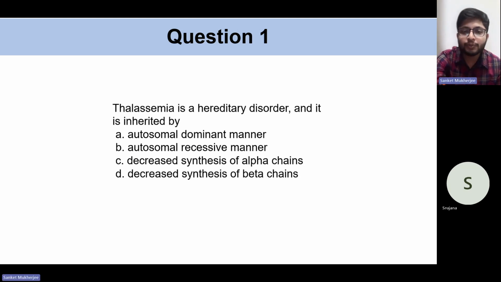Okay, so the answer would be thalassemia is a hereditary disorder and it is inherited by autosomal recessive manner.